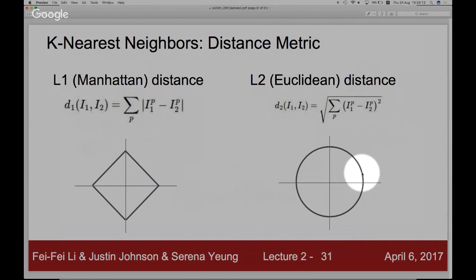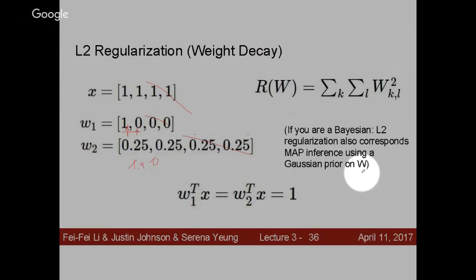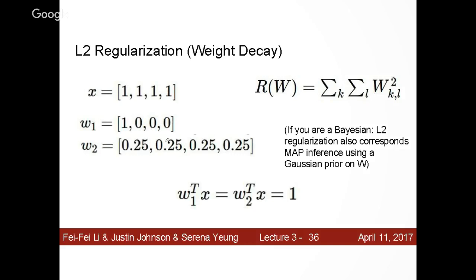So why does this matter? Because in L2 loss and L1 loss, we're making different assumptions about what is important. L2 regularization is basically saying that I want all of the coefficients to be as small as possible, but I don't want to force any of them necessarily to be zero, because I want to spread the influence of all of the weights through all of the parameters.